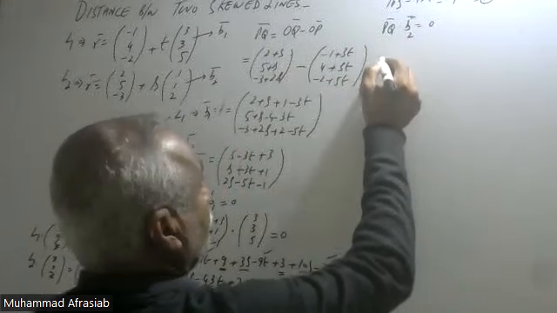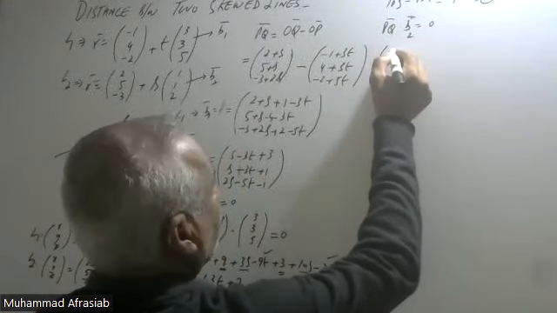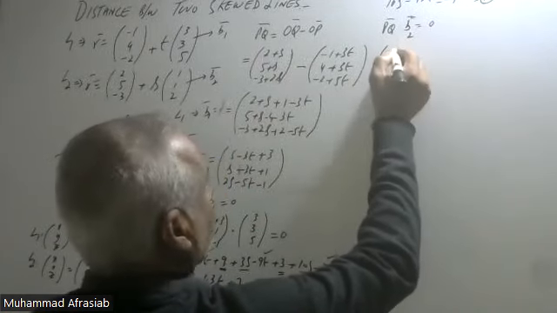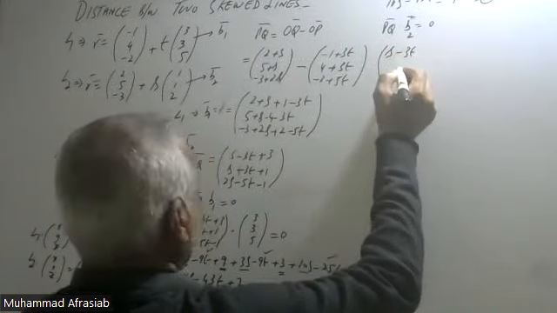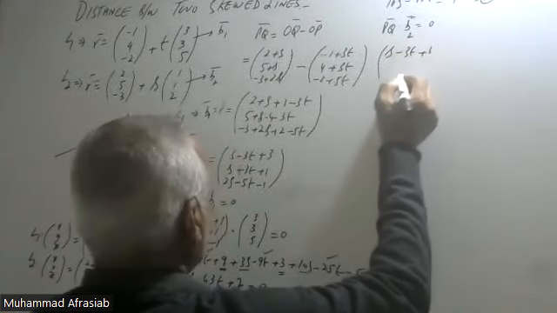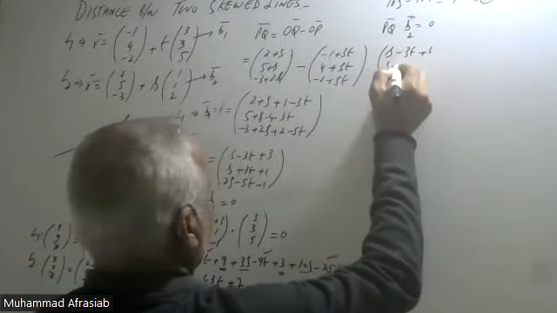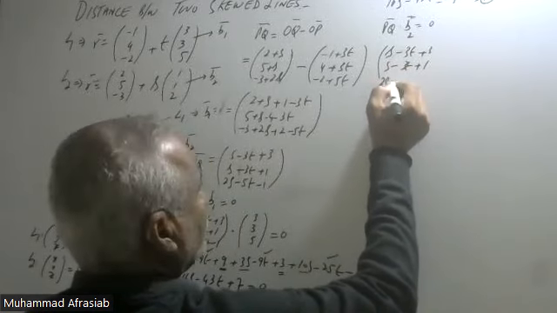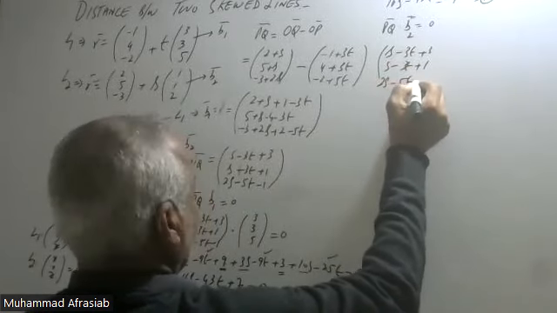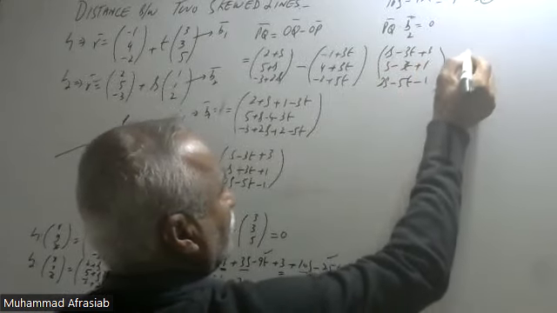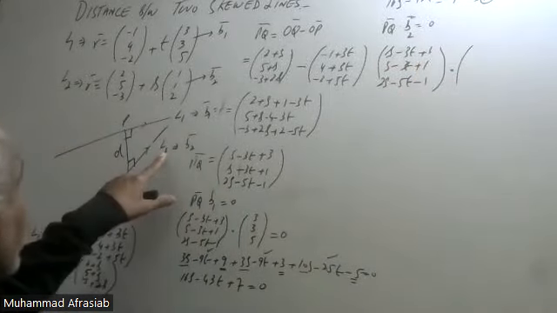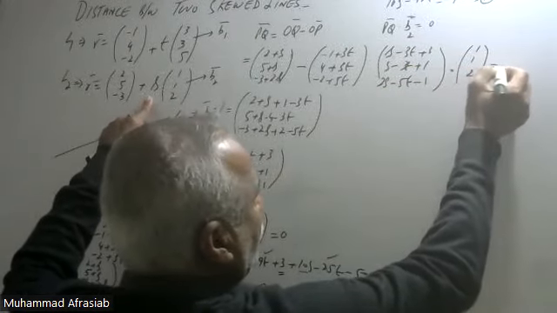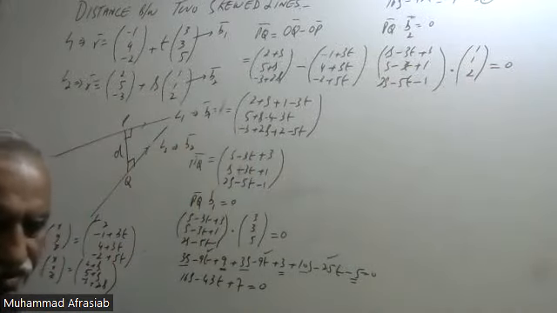So we can write out the PQ vector as s minus 3t plus 3, then s minus 3t plus 1, and 2s minus 5t minus 1. Its dot product with the B2 vector for this line, which is (1, 1, 2), is also equal to 0.